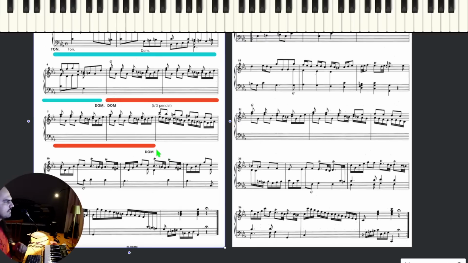So then it comes back to tonic, but now there is an interesting thing. This is the chord of the tonic here, the main key of the piece, but he's modulating. So after we have the F sharp, it is clear.